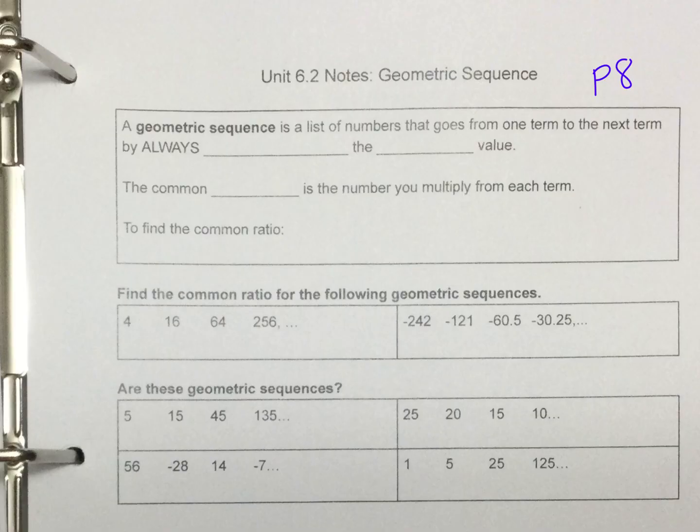All right, this is page 8. We have been doing arithmetic sequences where we were adding over and over and over. Now, we're going to do geometric sequences. And a geometric sequence is a list of numbers that goes from one term to the next by always multiplying the same value.